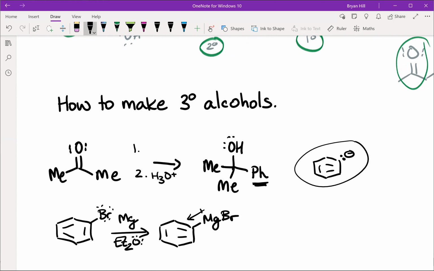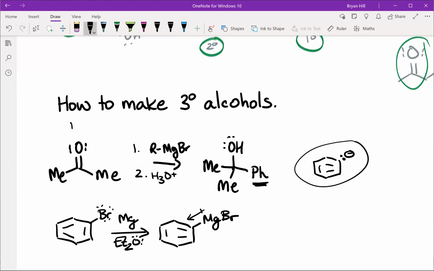Okay, so you could basically use any RMgBr here, and so if you've got an alkyl halide, you can typically make a Grignard out of it, and so tertiary alcohols can be made from ketones or esters, or those would be the two that would be used the most.